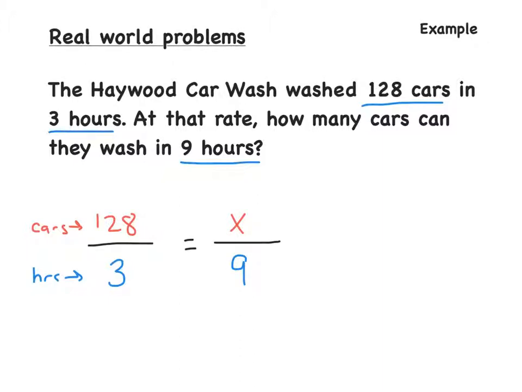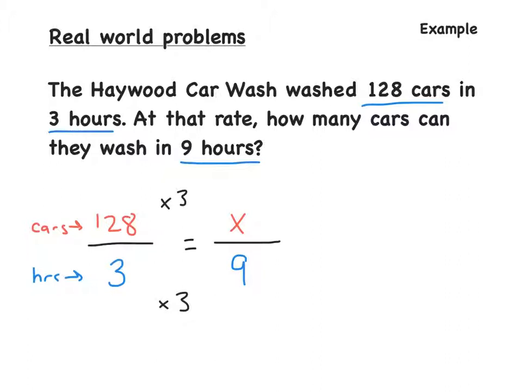In this case, I'm going to use the multiplication or division method. So how many times does 3 go into 9? 3 times what is equal to 9? So 3 times 3 is equal to 9. So if I multiply by 3 on the bottom, or the denominator, in the numerator, I also have to multiply by 3.